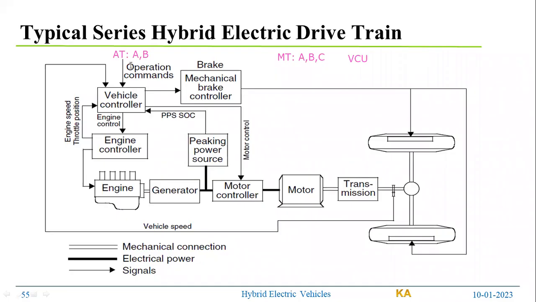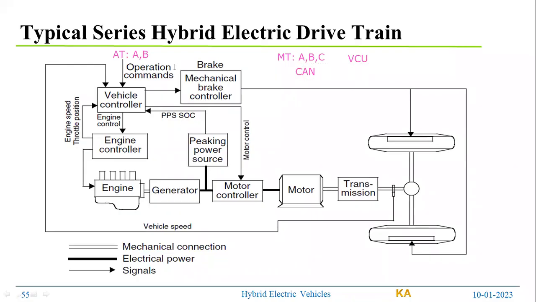Based on that, if it is an acceleration, first VCU will analyze the torque requirement, and it will get information from the battery, the peak powering source. The battery provides information like state of charge, state of health, the temperature, and all other information. It will be communicated through a CAN, control area network. CAN is the communication protocol used to communicate between the vehicle control unit and the battery management system.